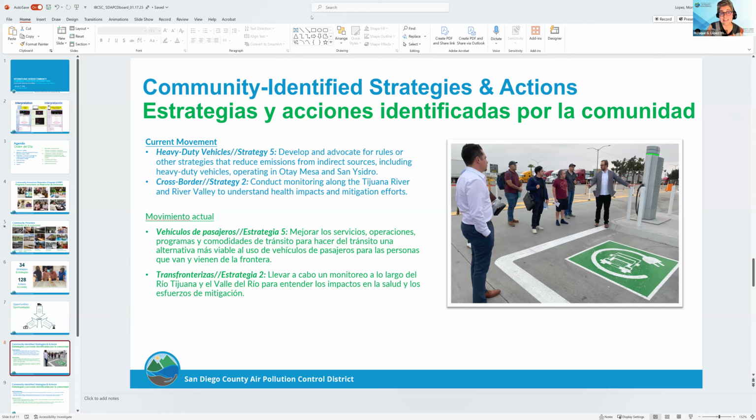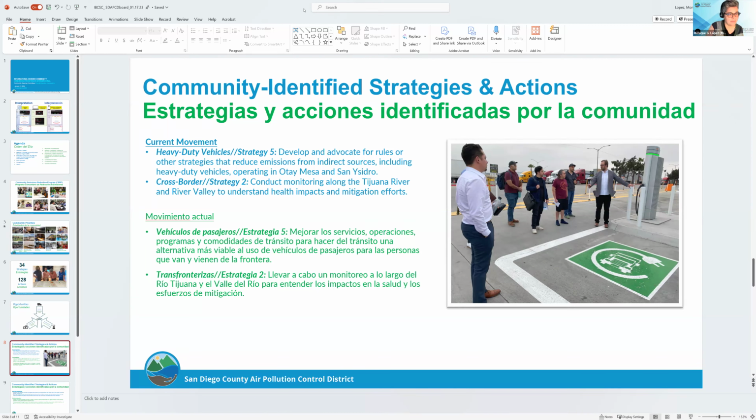That is potentially possible, given that there's already movement towards implementing those monitoring stations, specifically looking at the odor and the odor causing emissions in the Tijuana River Valley area. So those are two things that are currently moving that this group can plug into in some way.